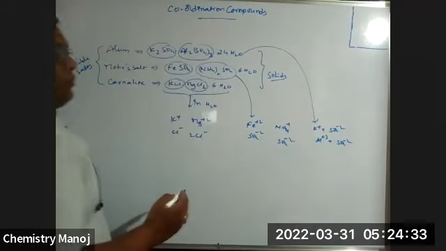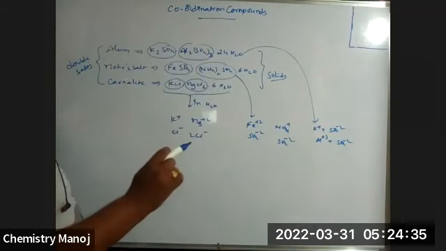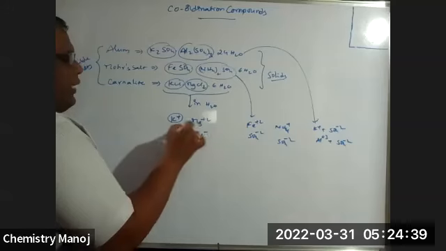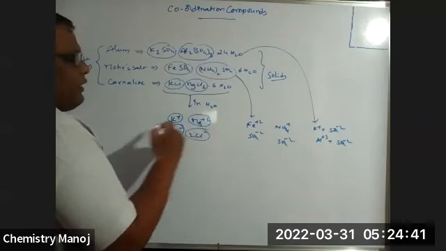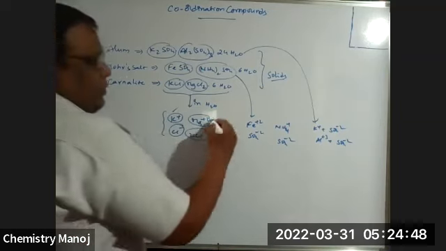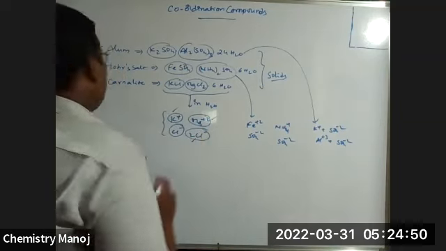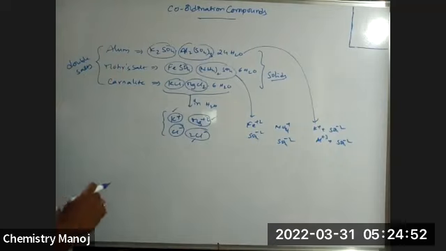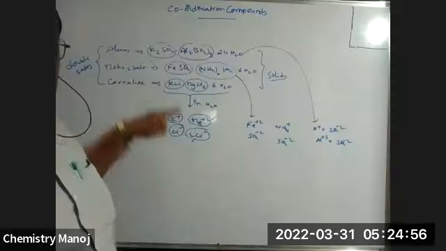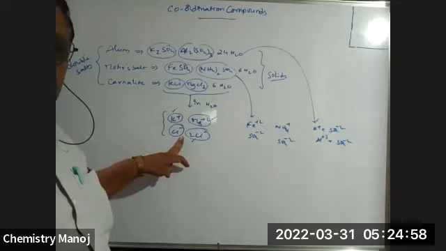That means in solution phase, these break down into respective ions and give corresponding tests. If you test this aqueous solution, it responds to K+ ion test, Mg2+ ion test, and also Cl- ion test. That means in solid state only these are united, but in liquid state they are individual.